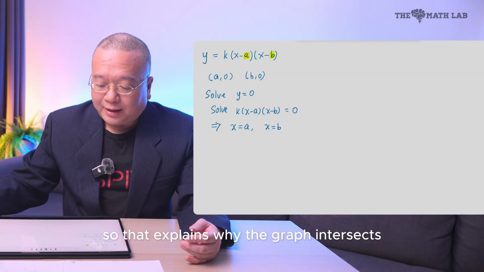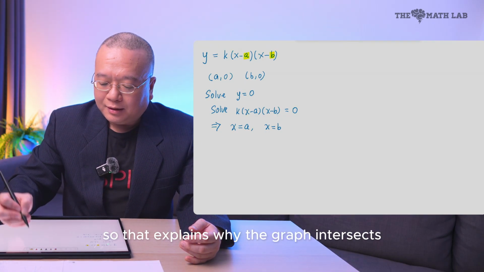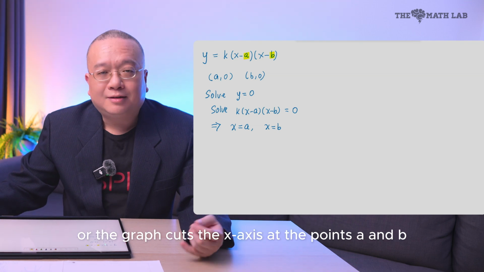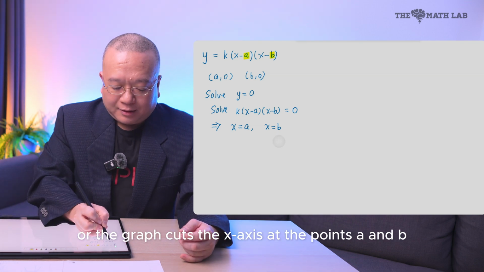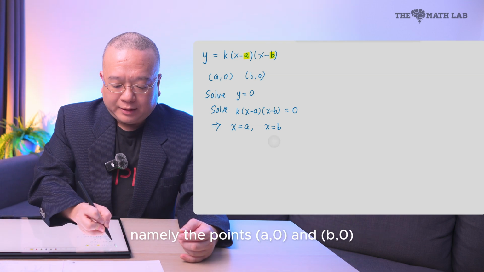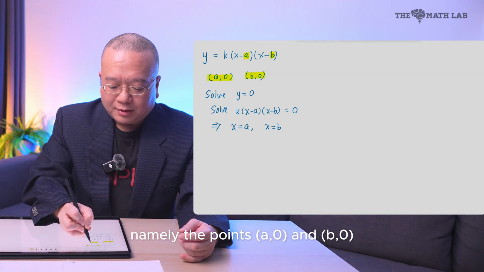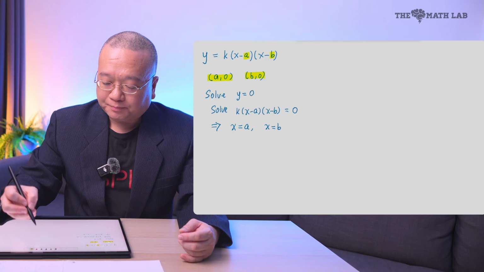So that explains why the graph intersects, or cuts, the x-axis at the points A and B, namely the points (a, 0) and (b, 0).